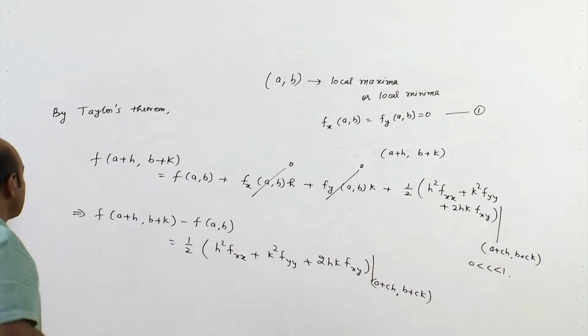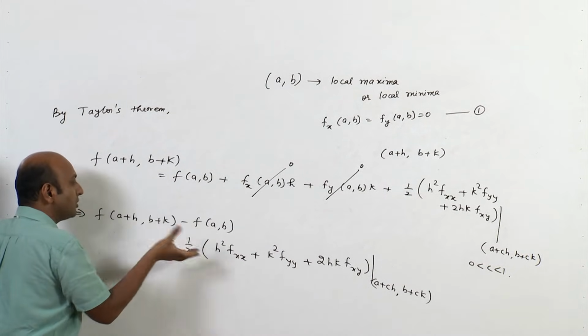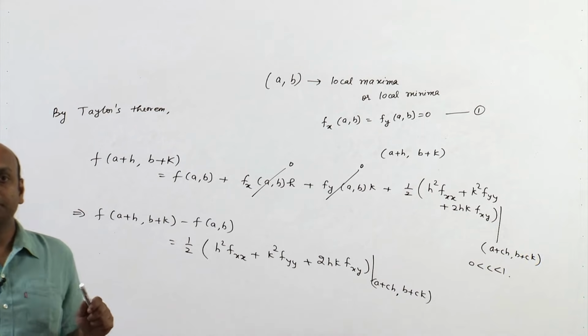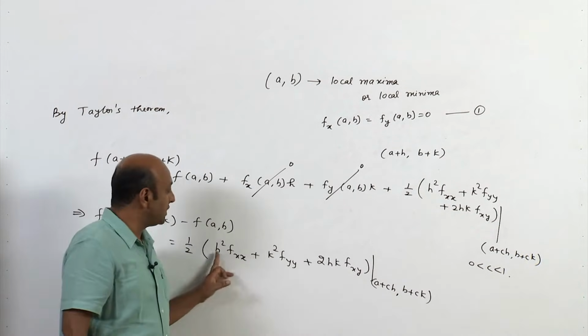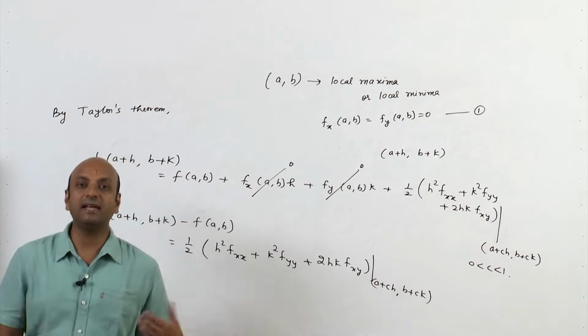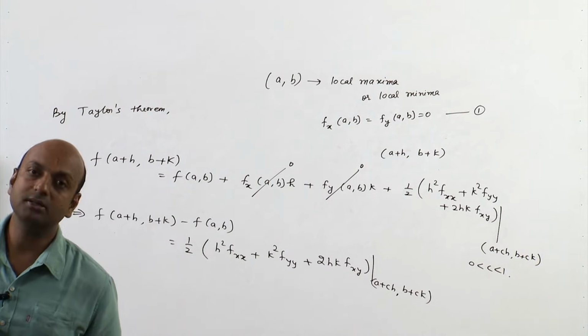For some h and k this value may be positive, and for some other values it may be negative. Hence, we have to only see the sign of this at this point. So, this will guarantee whether a point is a point of local maxima, local minima or saddle point.